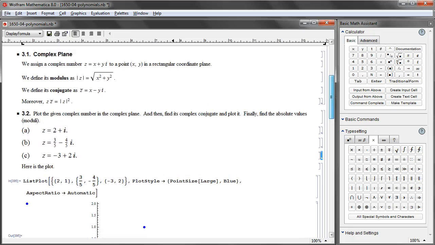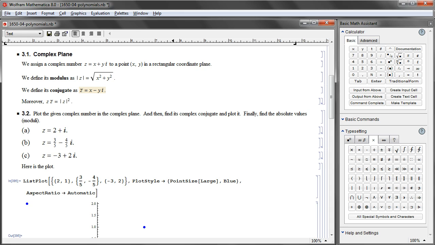Next quantity I have to talk about is something called conjugate. x plus yi becomes x minus yi. That's conjugate. So simply change the sign of the imaginary part and we have the conjugate.